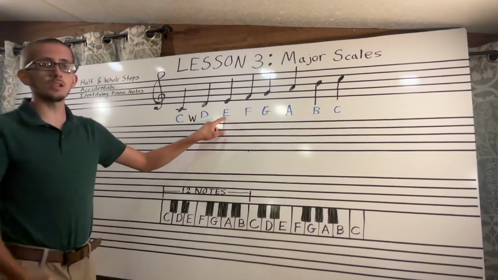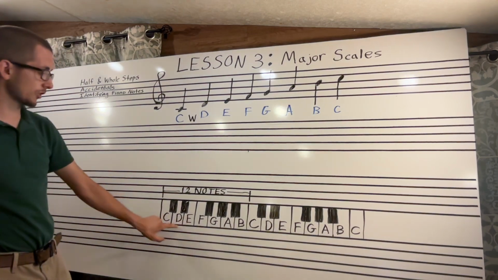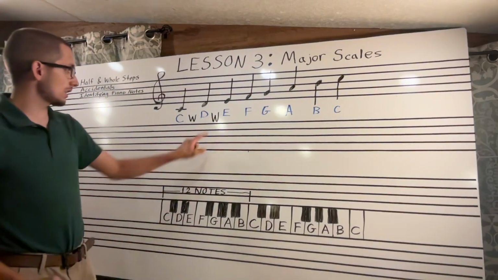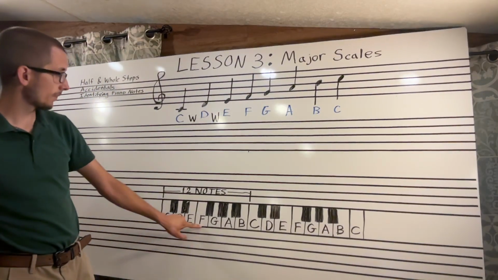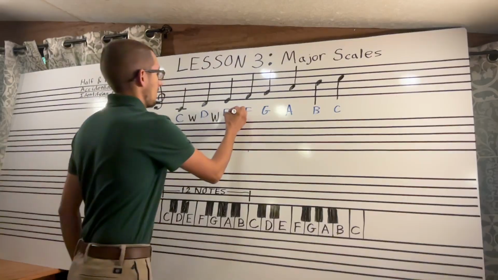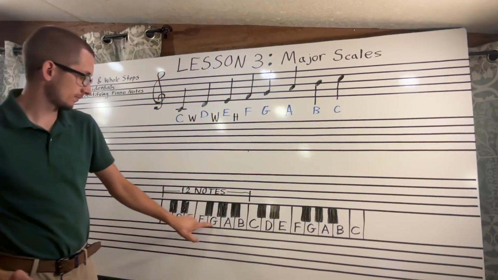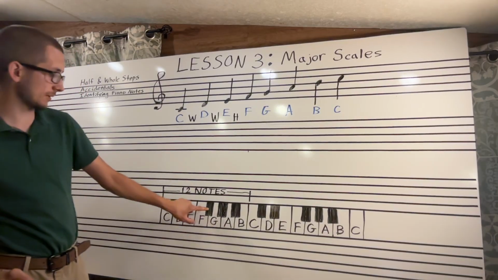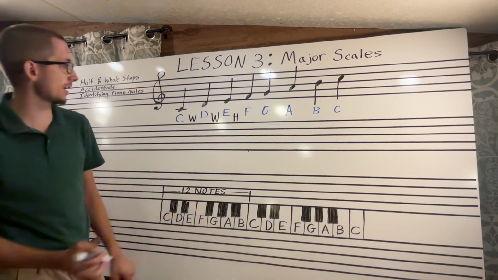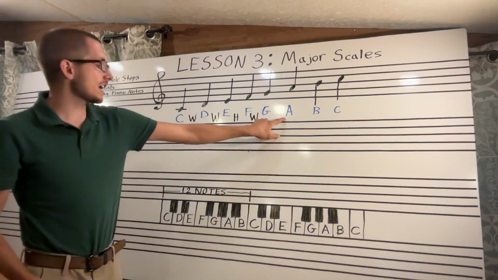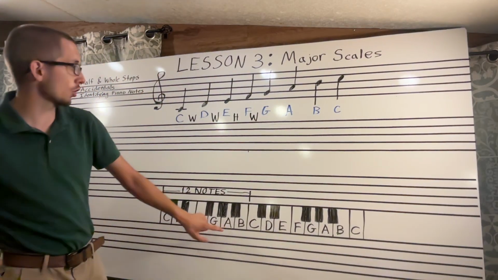From D to E, that's another whole step. From E to F, that's a half step. From F to G, whole step. We skip this pitch right here, so therefore it's a whole step. From G to A, we get another whole step.